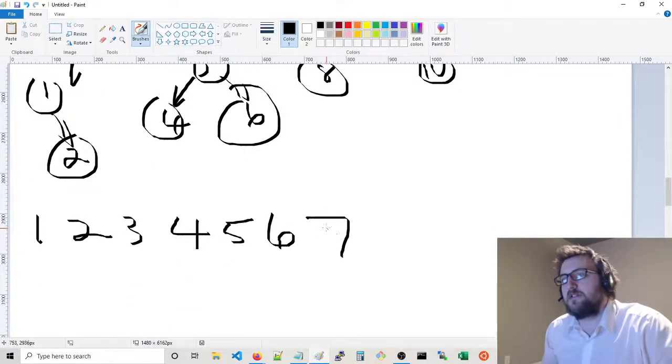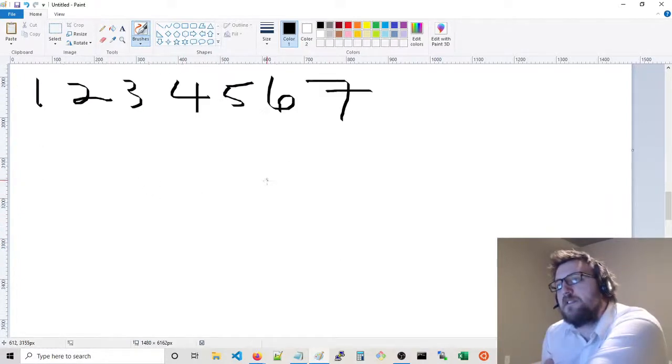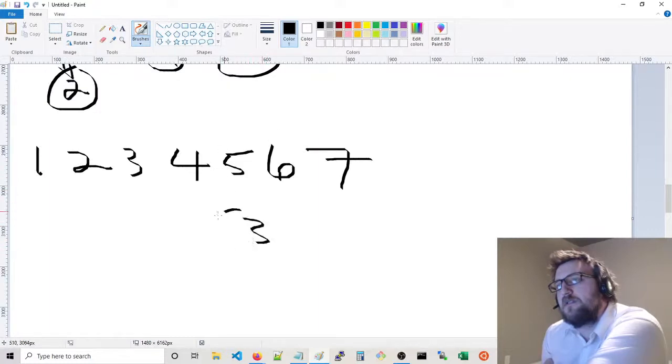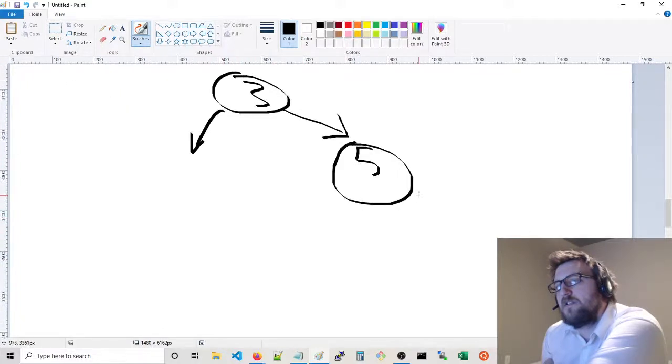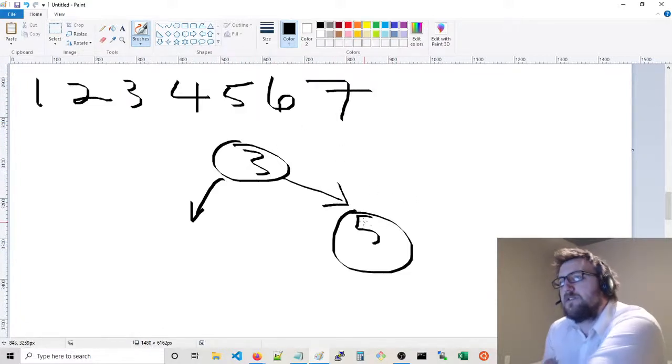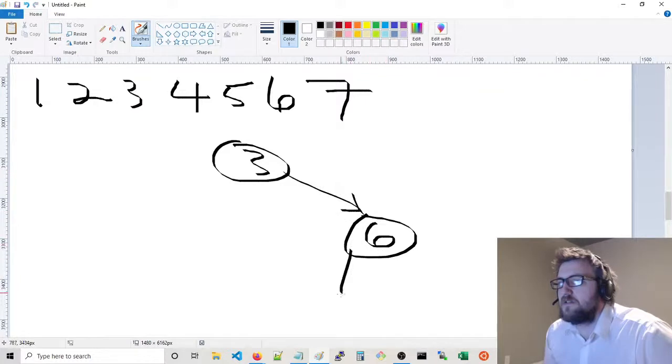There's got to be a way to do this more efficiently, I guess. Let's see if we only want odd numbers. 3, 5, 6, and 7. So actually, you probably want 6 over here. So we can put 5 and 7.